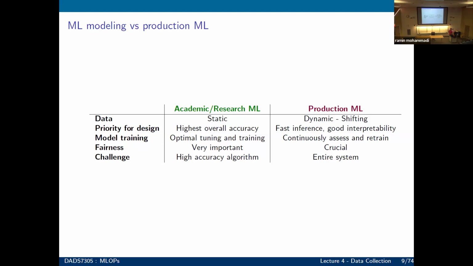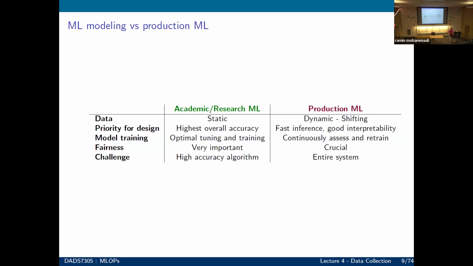But in production, in industry, data is dynamic and constantly shifting. The priority for design is not the highest overall accuracy. In general, it should be a fast model. You want fast inference, because you could have the best model with the highest accuracy, but if the user spends 20 seconds, or 10 seconds, getting an answer, after a couple of questions they'll say, I'm not going to use that.